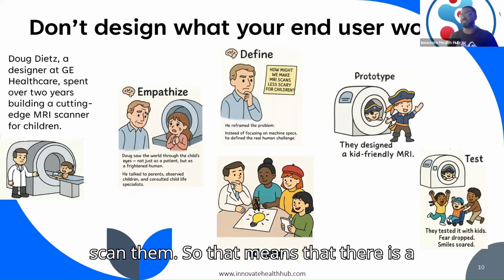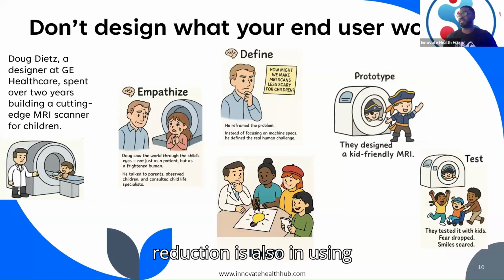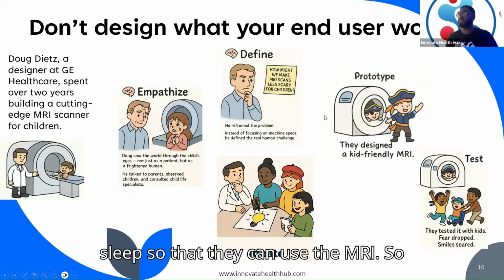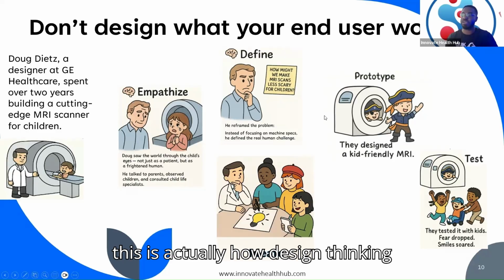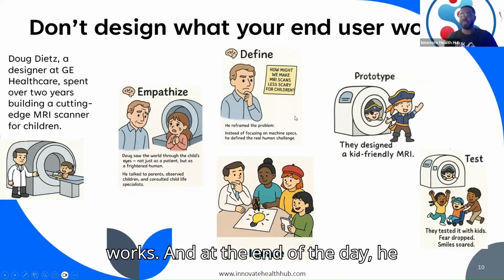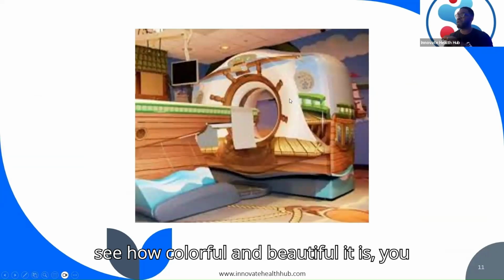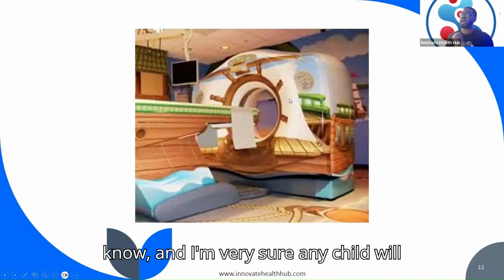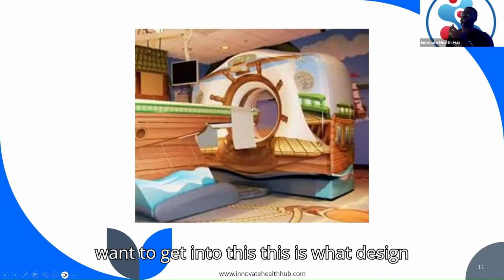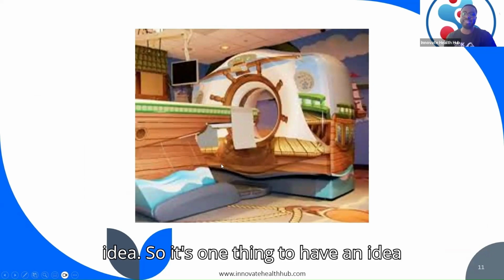So there is also a reduction in using sedatives to make children sleep so that they can use the MRI. So this is actually how design thinking works. And at the end of the day, he developed this particular MRI. You can see how colorful and beautiful it is, and I'm very sure any child will want to get into this. So this is what design thinking will help you to do with your idea.